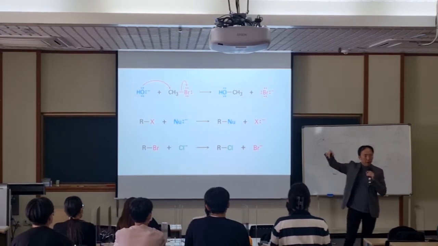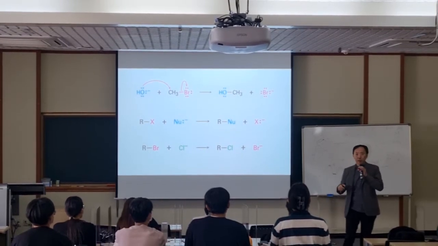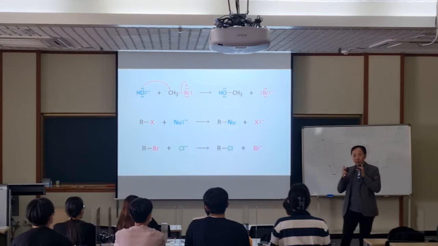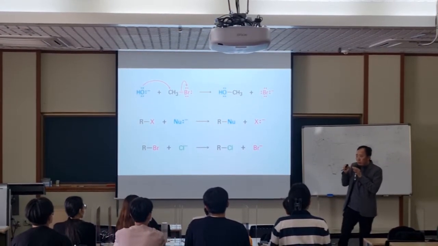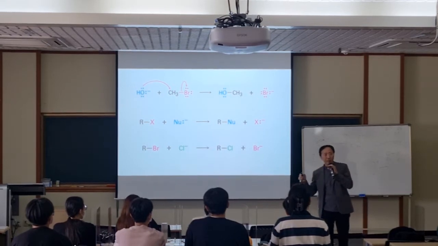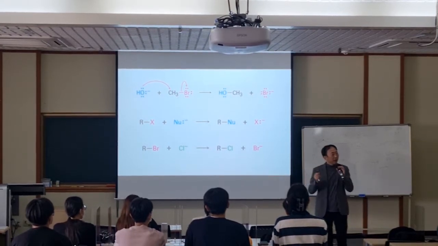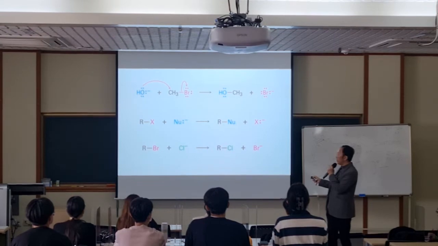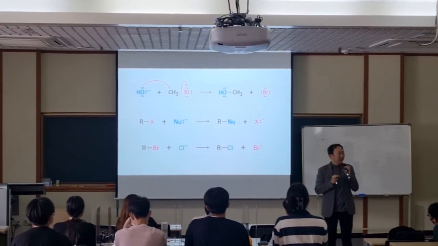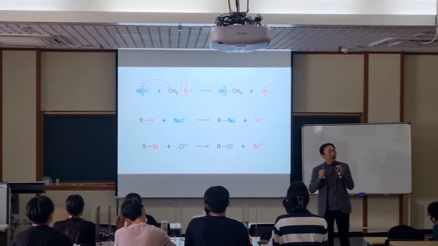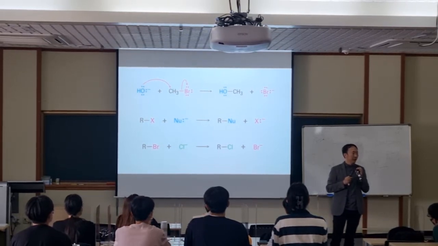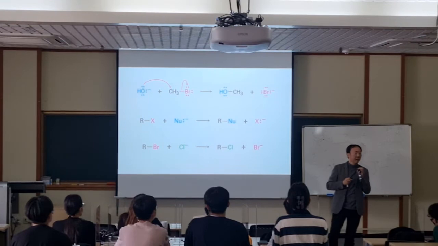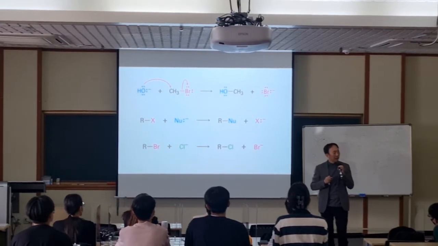Usually, reactivity-wise, going down, the bigger one is more nucleophilic, softer, and has more mobile electrons, so it can attack carbon better. OH minus is kind of a hard nucleophile, it's tight, and sometimes the halide is even better. Then nucleophile reactivity may not be the main reason.